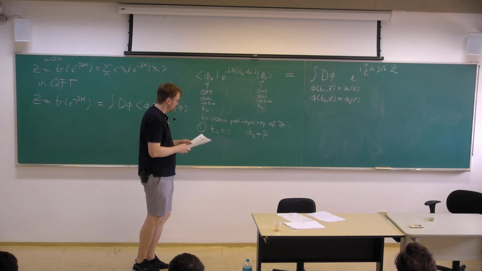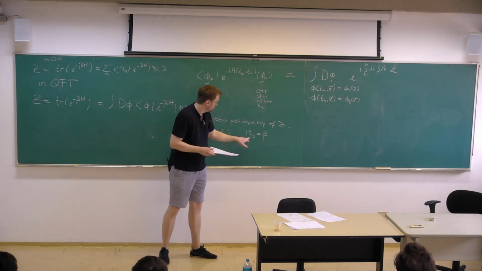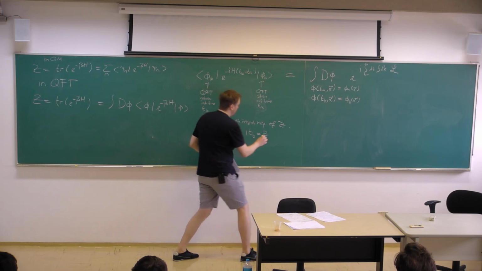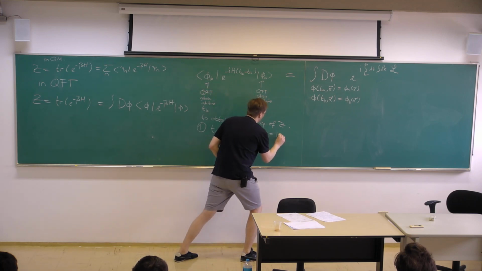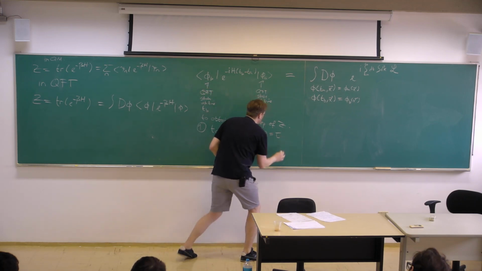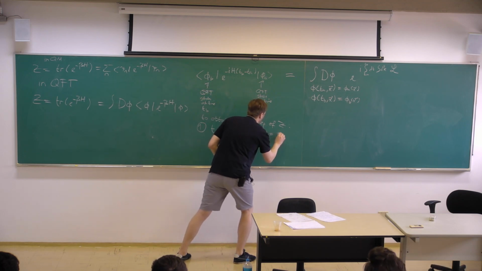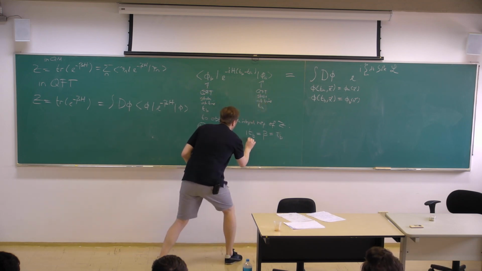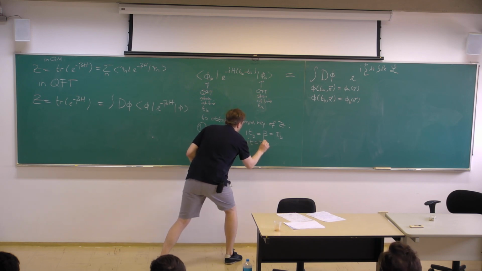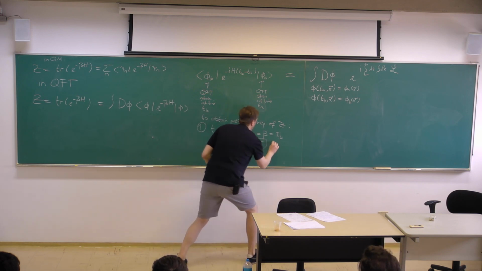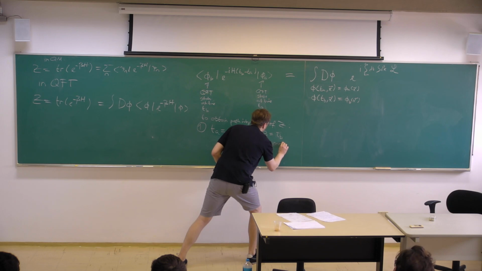And it's convenient to introduce some kind of imaginary time. Let's call this tau B. More generally, let's call i t equal to tau. That's an imaginary time.